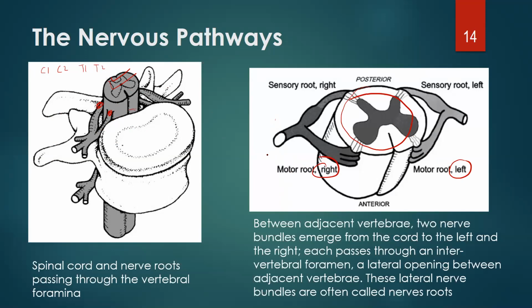These lateral nerve bundles are often called the nerve roots. One of them is the sensory root, the other is motor, just like we discussed in the previous slide. Same for the nerve root on the other side: one of them is sensory, the other is motor.